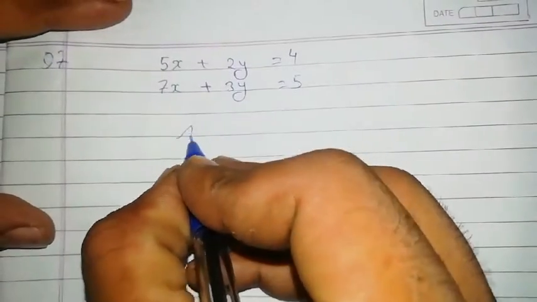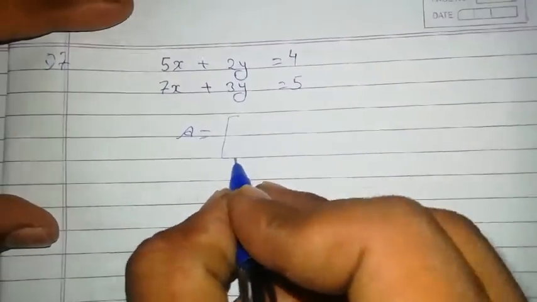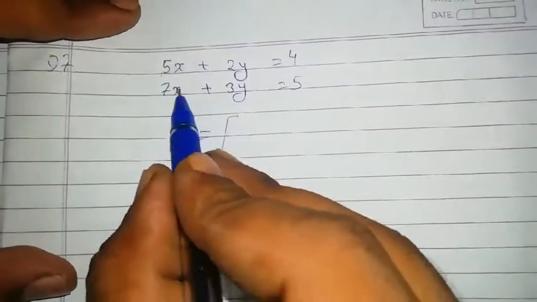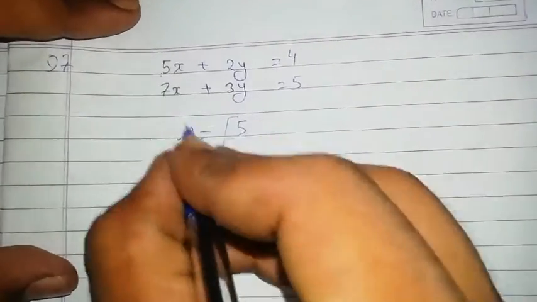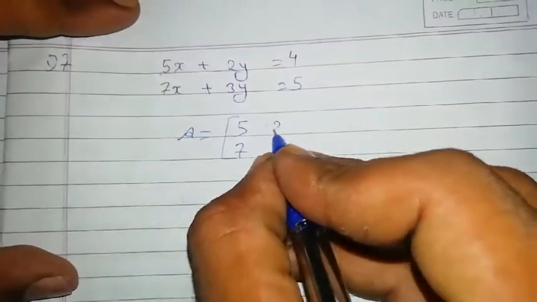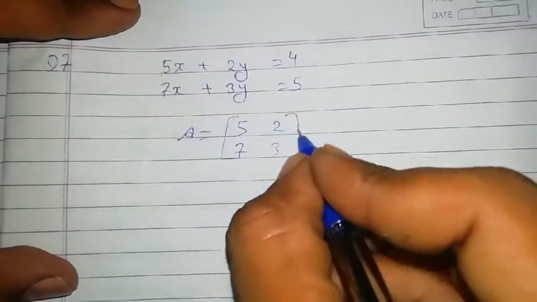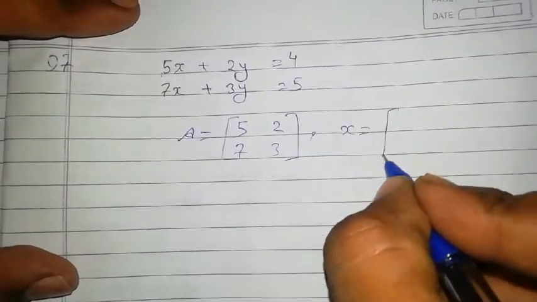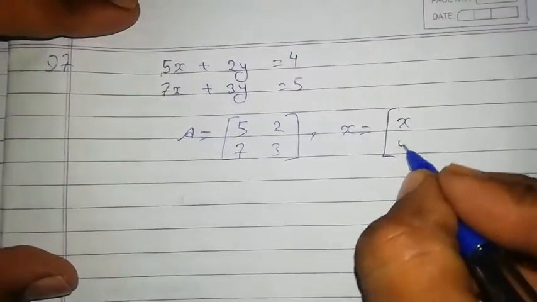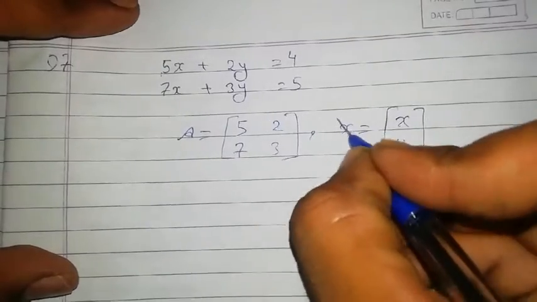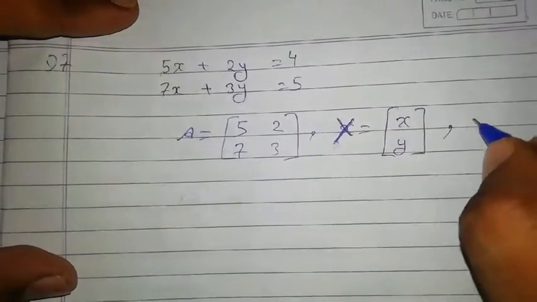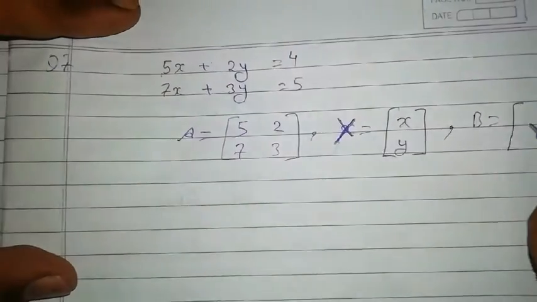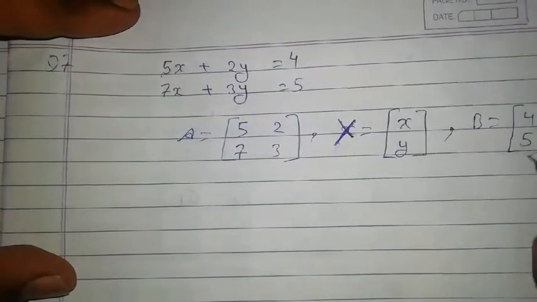From here we have the value of A, taking the coefficient part only: 5, 7, 2 and 3. X has 2 elements since there are 2 rows, so we name this as capital X, and capital B is equal to these two, d1 and d2, so it is 4 and 5.